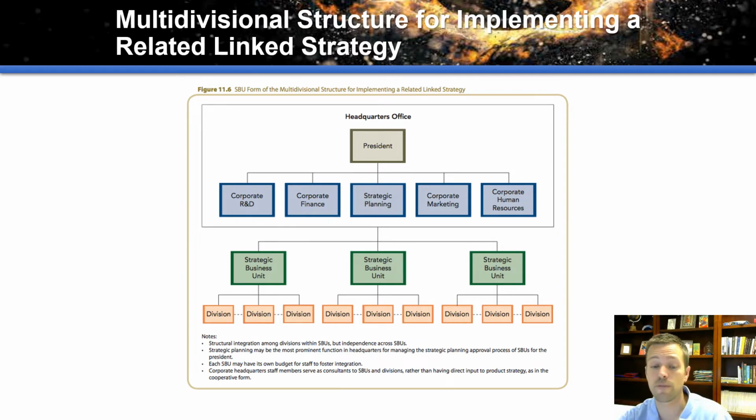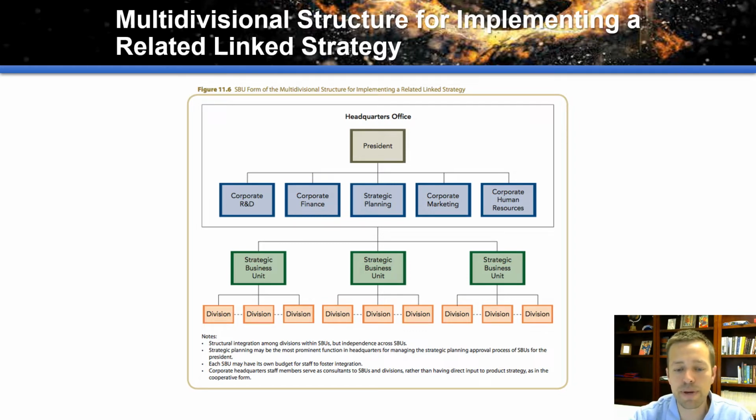So in this diagram, we have 3 different strategic business units, and they would be selling dissimilar products from one another, right? Within each business unit, the divisions, though, are very much linked together. So we've got structural integration and sharing within each business unit, right?